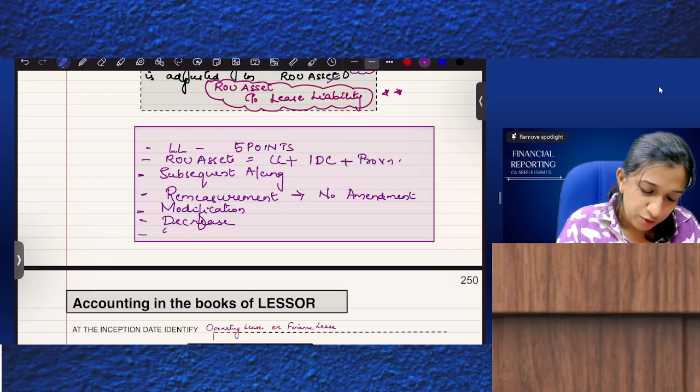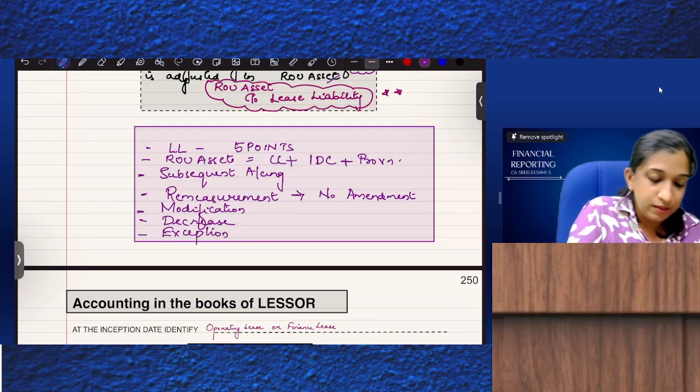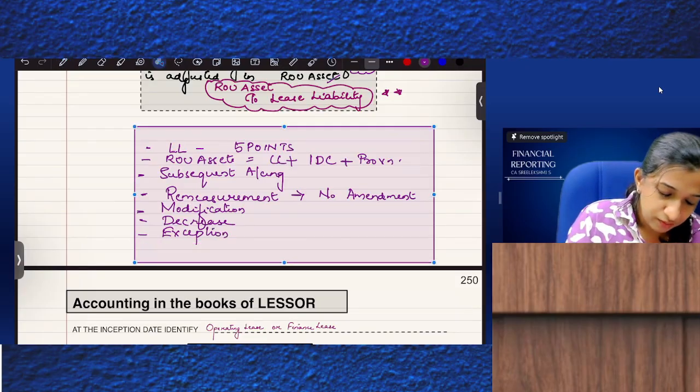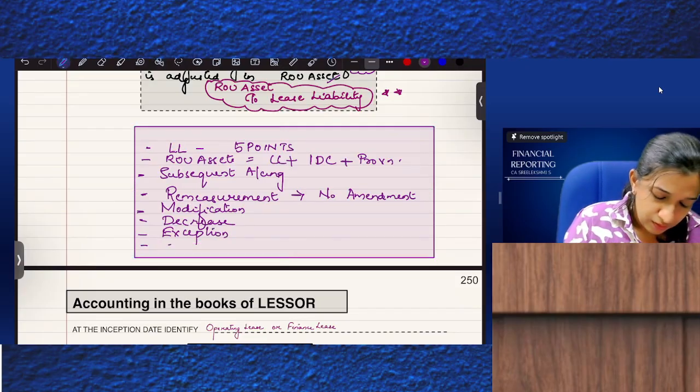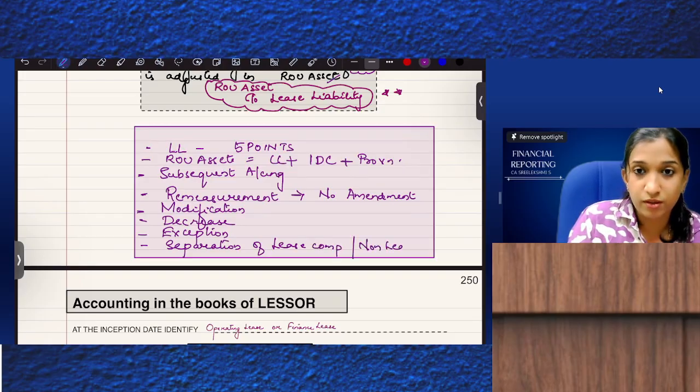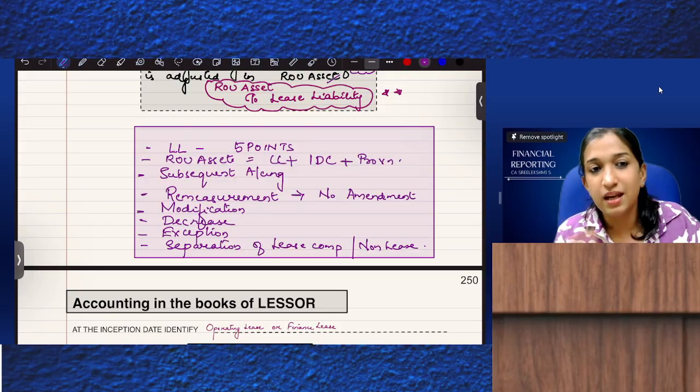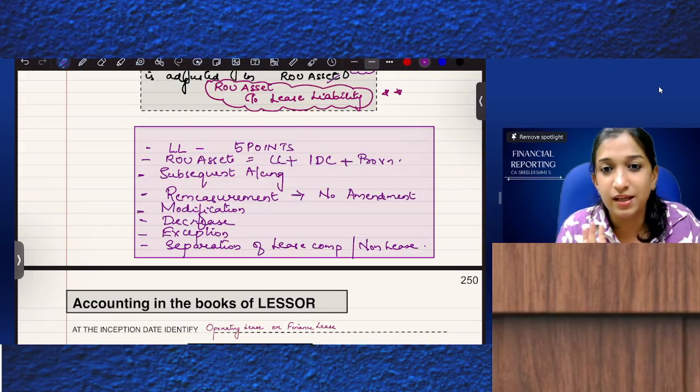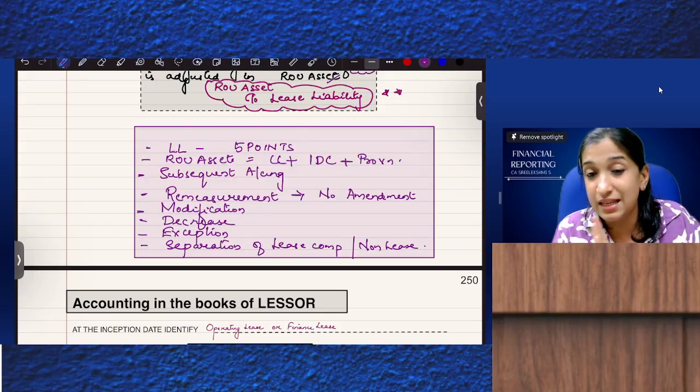Then exceptions. Separation of lease and non-lease components. If I sum up, these are the areas in the accounting in the books of lessee.